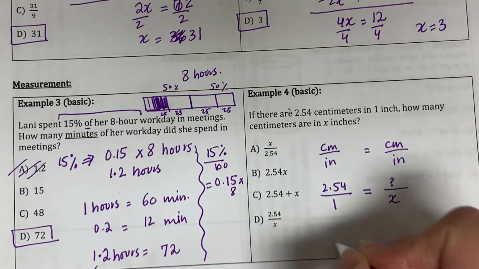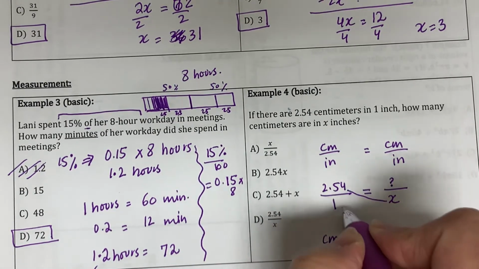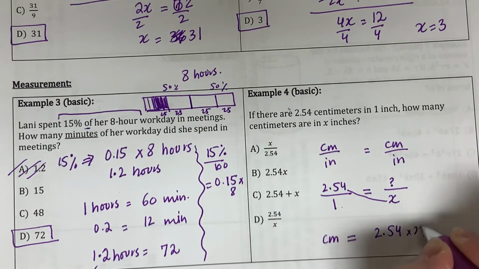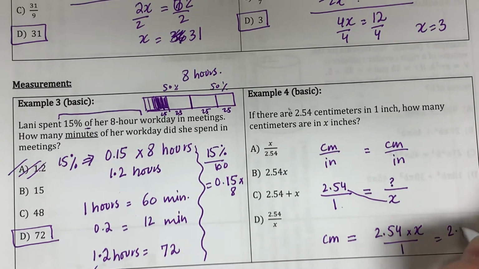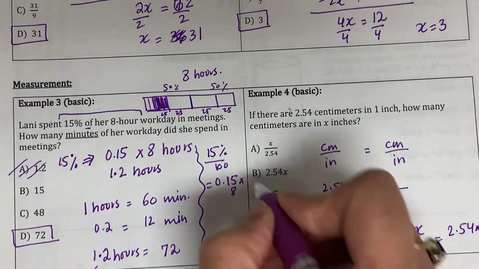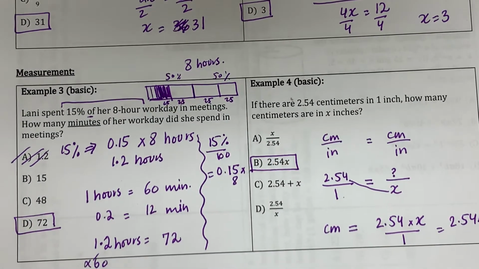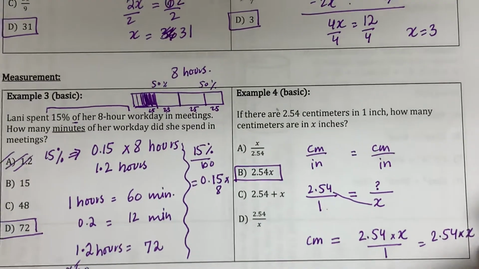So centimeters can be calculated by, you multiply across and divide by this number. So 2.54 times x, and then you divide it by 1, which doesn't matter. So 2.54 multiplied by x. That would be your answer.